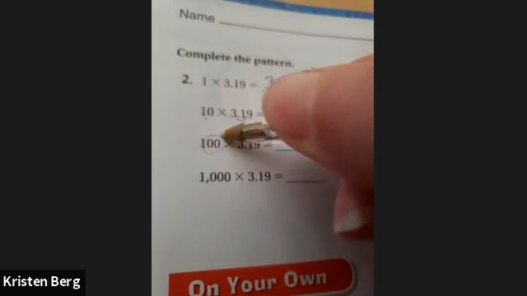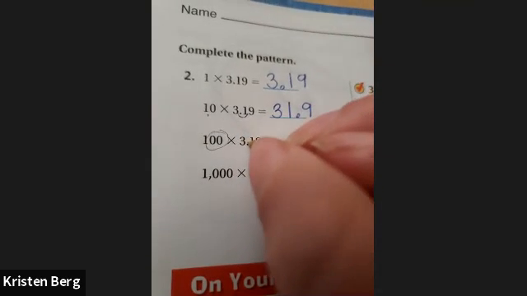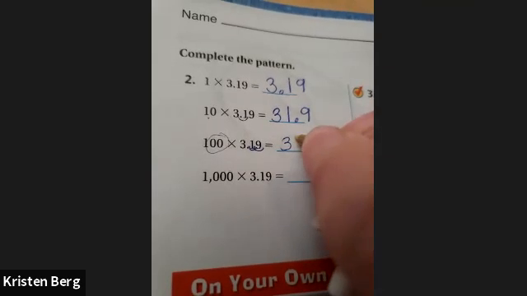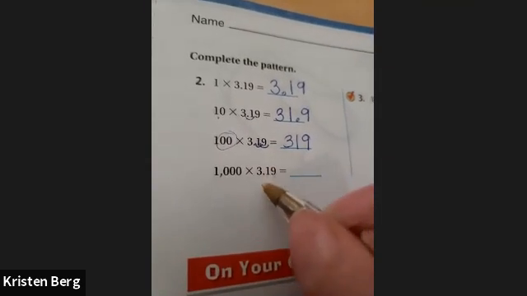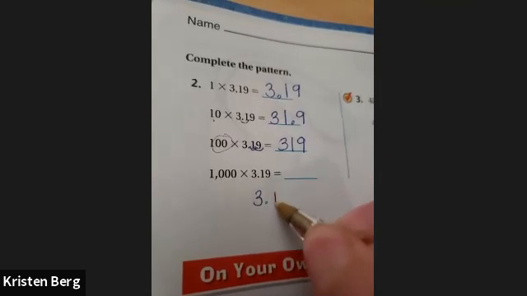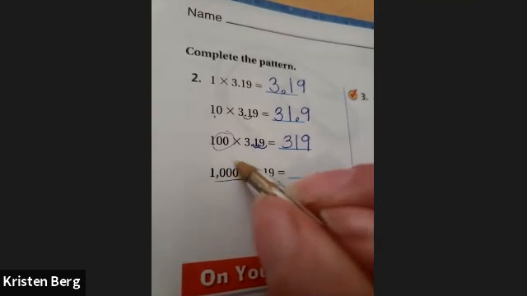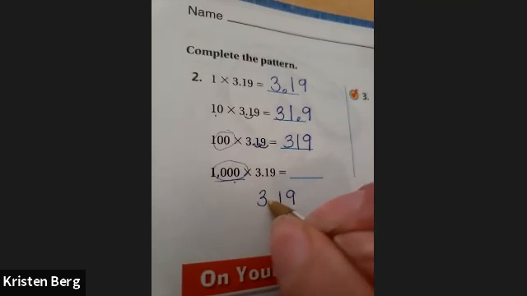Now this one is saying 2 places, because remember, how many zeros kind of tells you it's 2 places larger. So therefore I'm going to move it to the right 2 places. So now my decimal is at the end of that, so it'll be 319. And now this one, I'm going to rewrite that number, and now this is telling me to move it. You can look at those zeros to help you. It is saying 3 places larger.